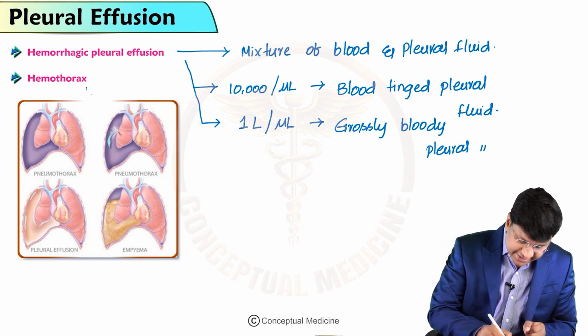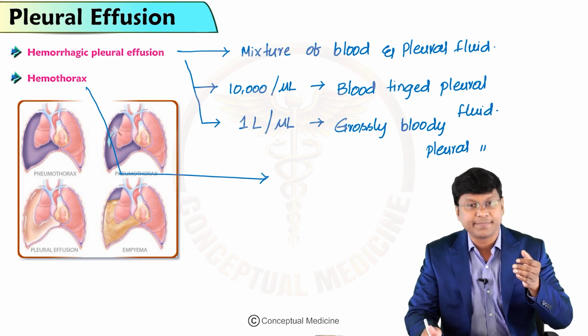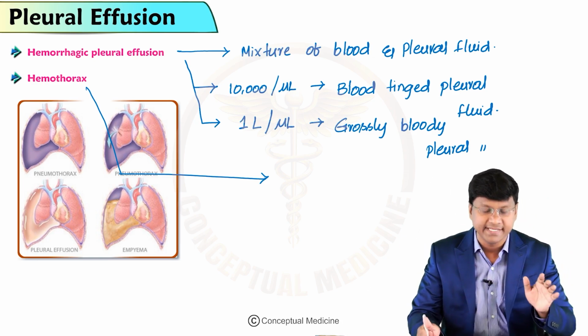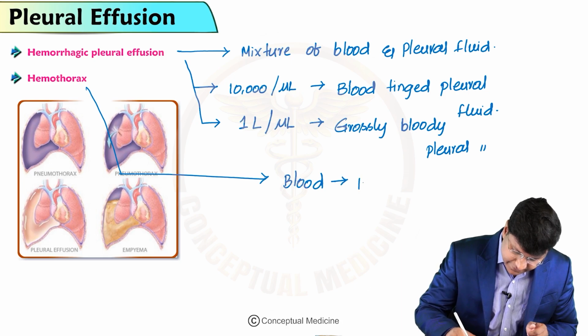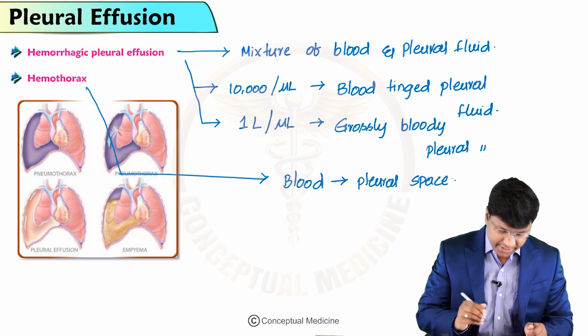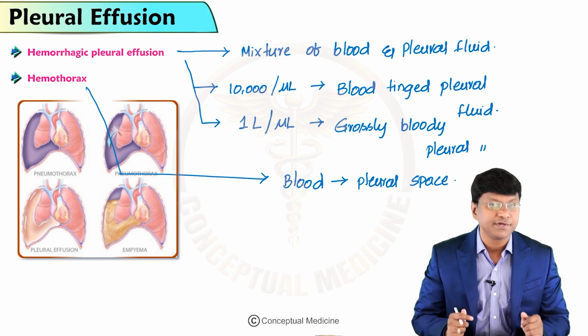Then, what do you understand by this terminology? That is hemothorax. Hemothorax is the presence of gross blood in the pleural space. Now, what is the etiology for hemothorax?